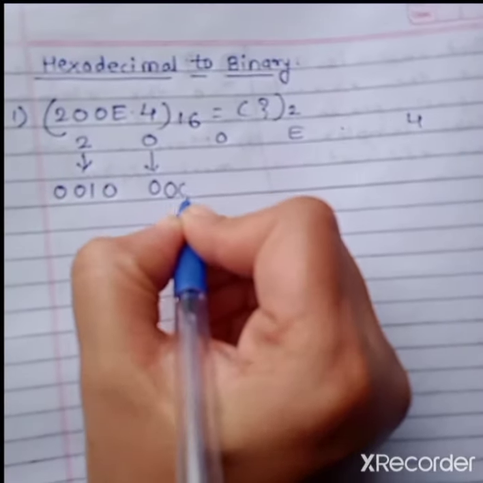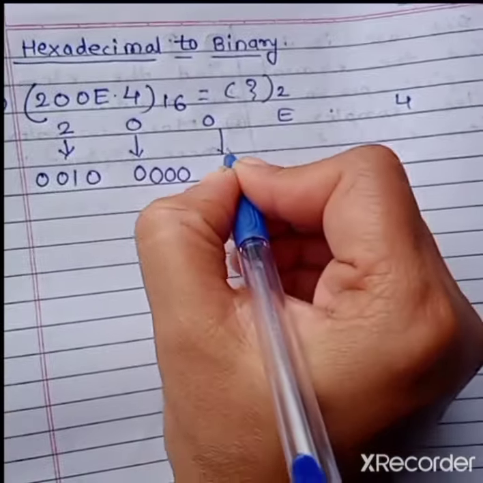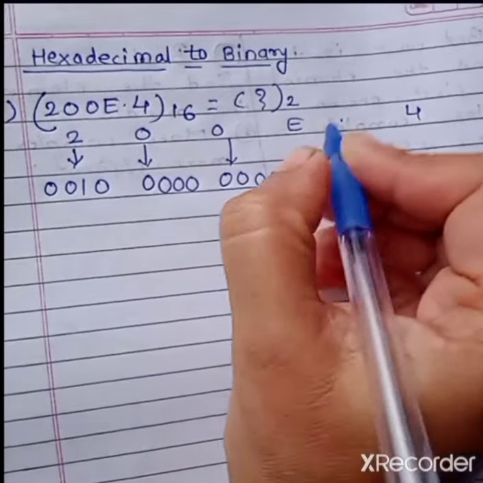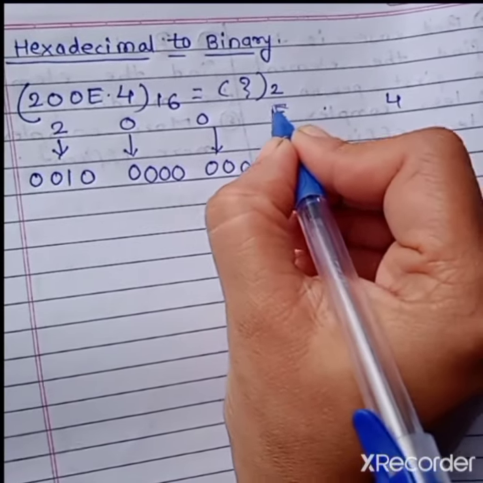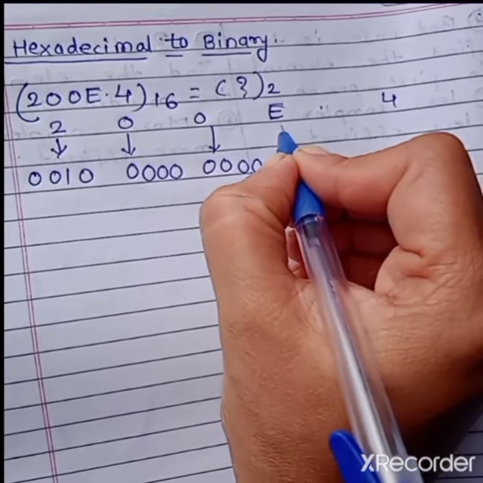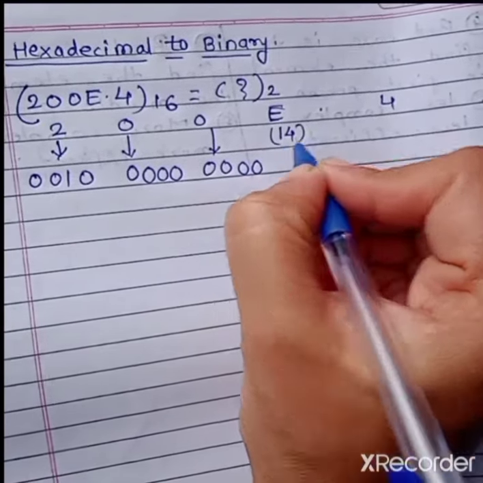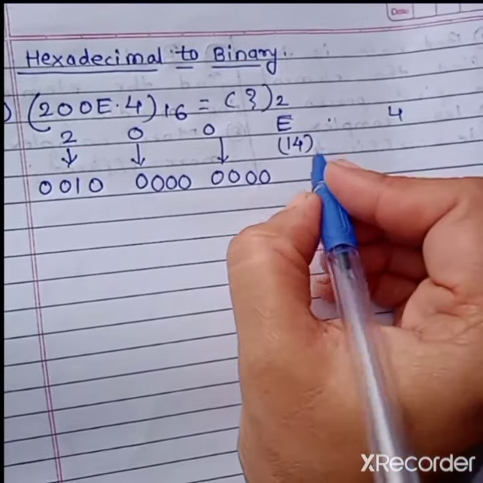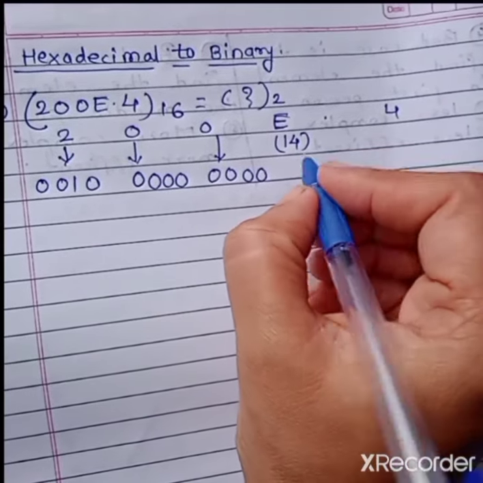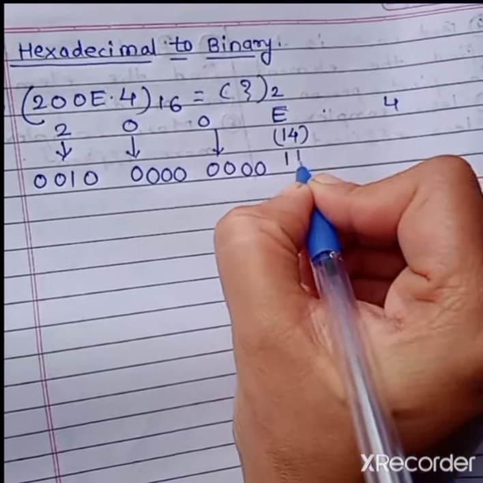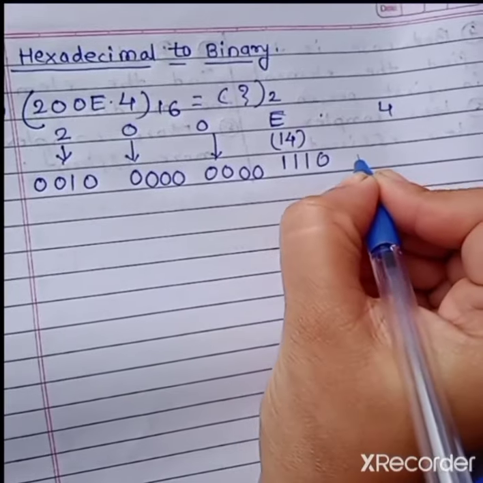0 is 4 times 0. This 0 is also 4 times 0. Now E means, in hexadecimal, E means in decimal, we'll consider this alphabet as 14, and 14 is represented in 4-bit binary like 1110.